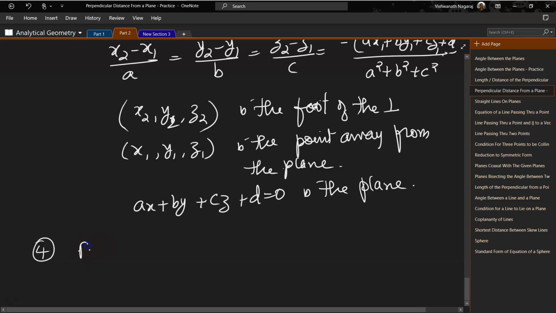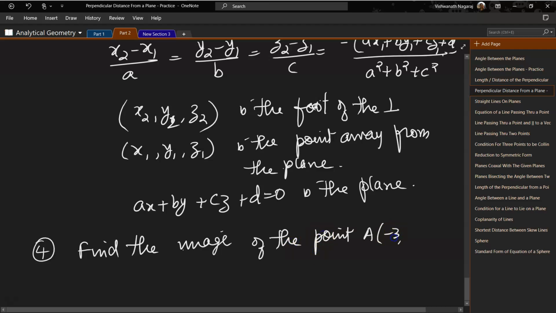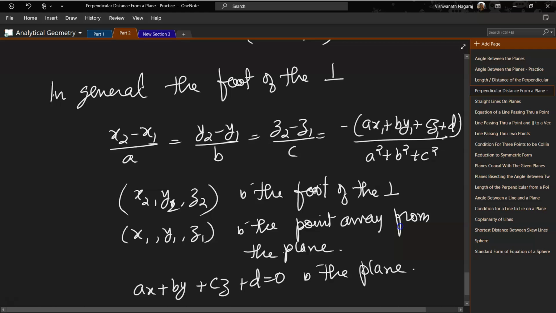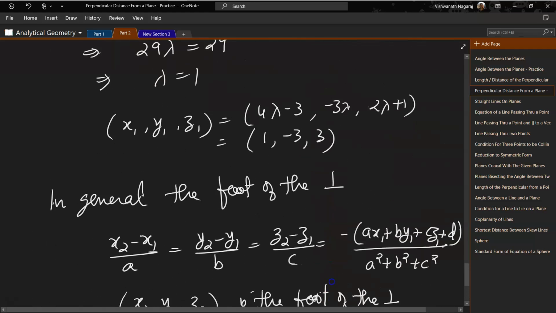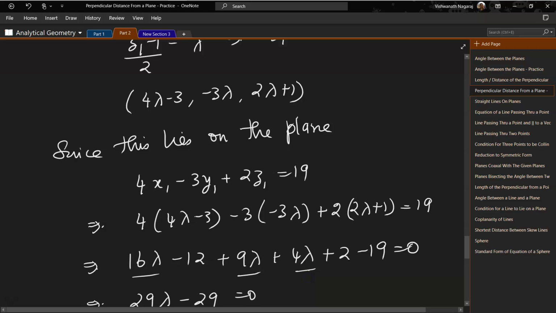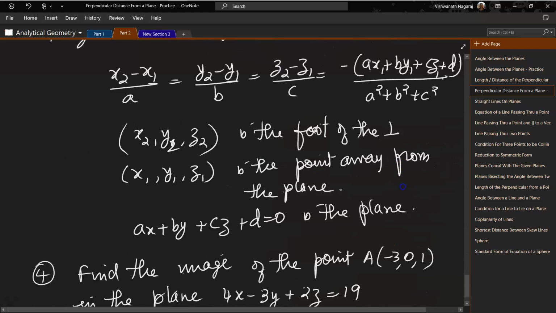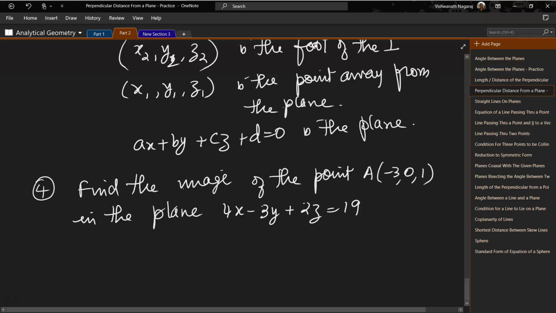Now let's say the problem says find the image of the point A, located at minus 3, 0, 1, in the plane 4x minus 3y plus 2z is equal to 19. I'm using the same plane which was there here, primarily to avoid repeating steps.